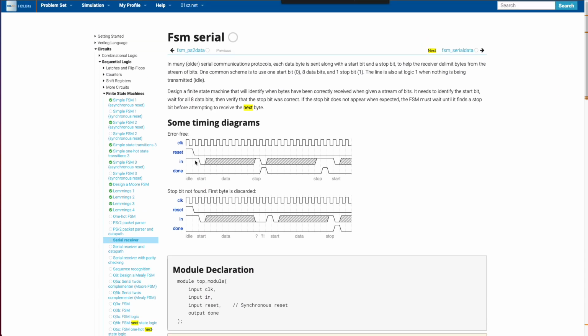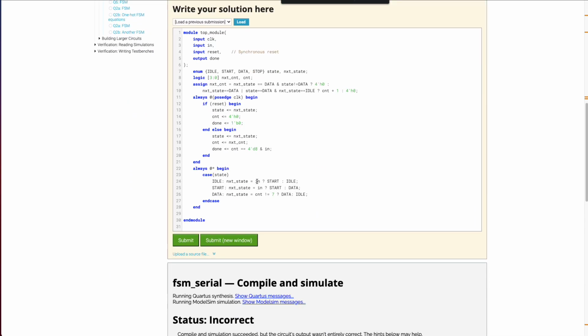So basically all we're trying to identify is 1, 0, 8 cycles of data, and then 1 again. So 1, 0, 8 cycles of data, because count always starts at 0.